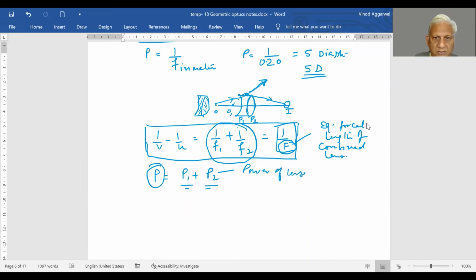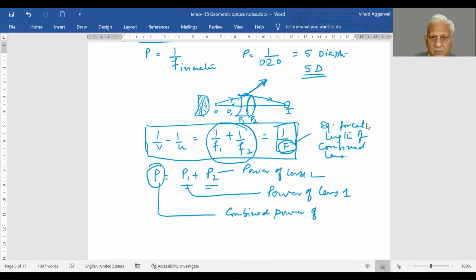This is the power of lens 2, this is the power of lens 1, and this is the combined power of lens 1 plus lens 2.